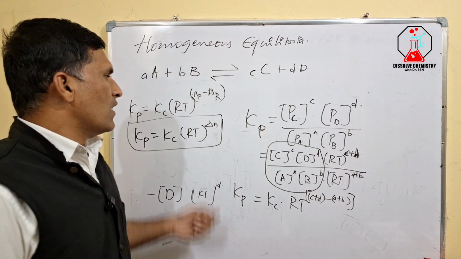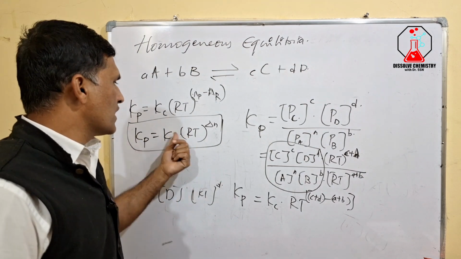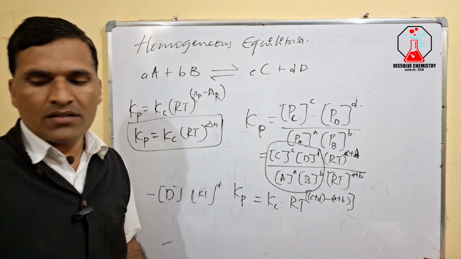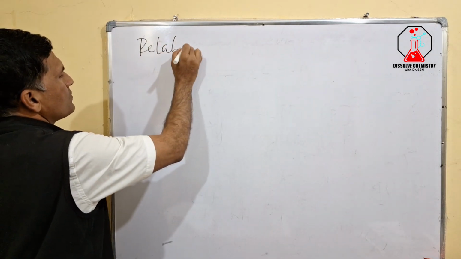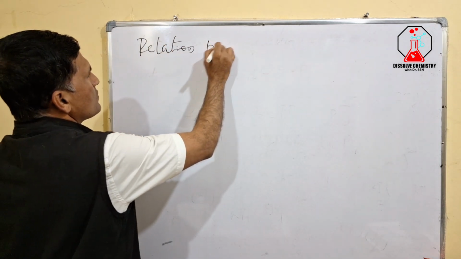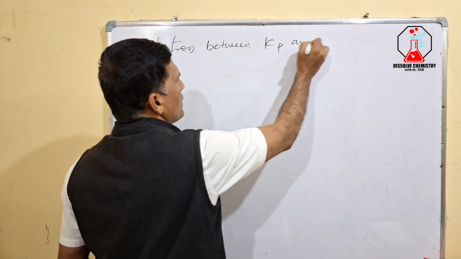So this is the formula, the relationship between Kp and Kc, that we can derive like this. Three conditions we will see, where Kp is related with Kc. Relation between Kp and Kc.